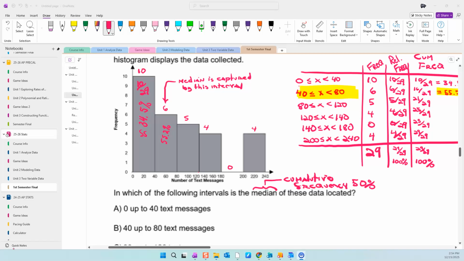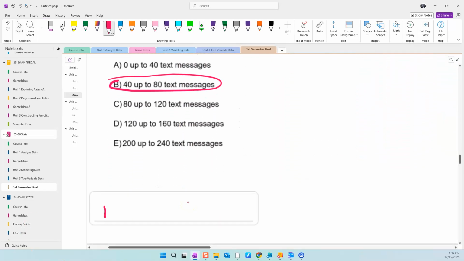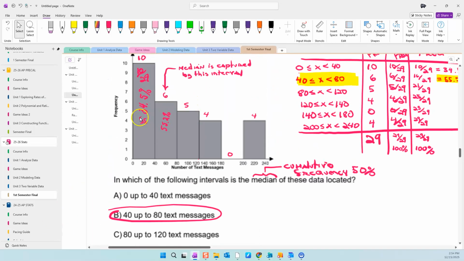So the median would be captured in that second interval between 40 and 80 text messages. So B. 50% of the students are below that, and 50% of the students are above it.